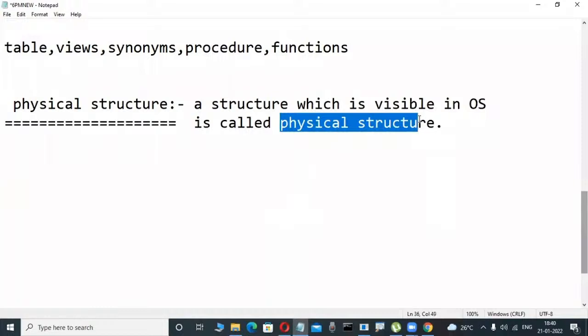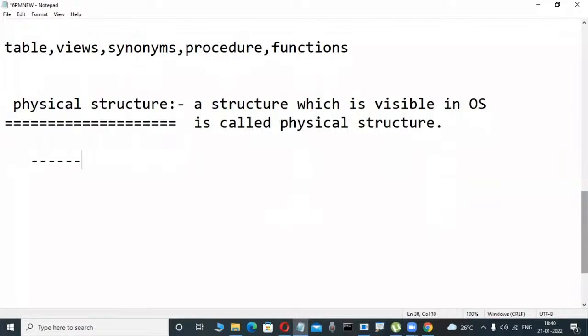But the physical structure, you and I don't work in it. Some different type of persons are working there. Who? DBA, the database administrator. In project side, some other type of persons are there in the database.